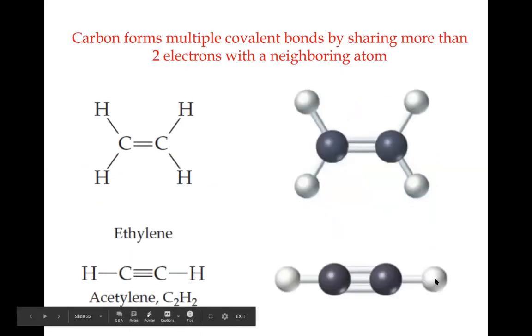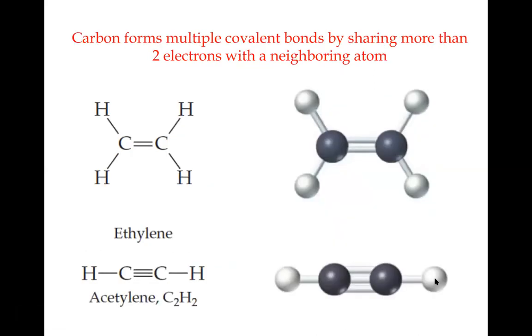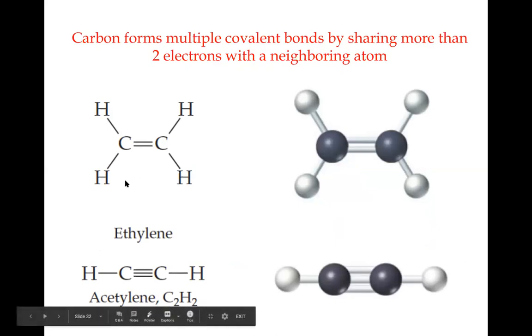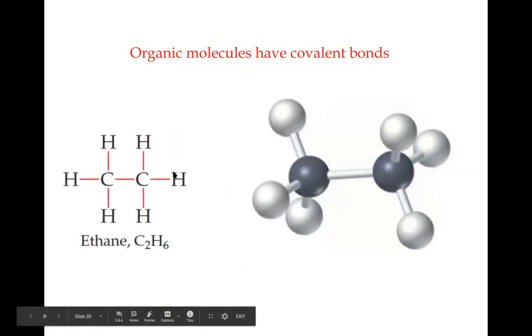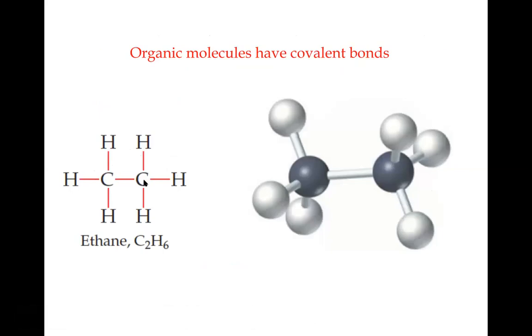Whoops, there we go. Carbon can form multiple covalent bonds by sharing more than 2 electrons with a neighboring atom, right? So if we had ethane, right? Here is just C2H6. So eth, what you'll come to be very familiar with is eth means 2 carbons.